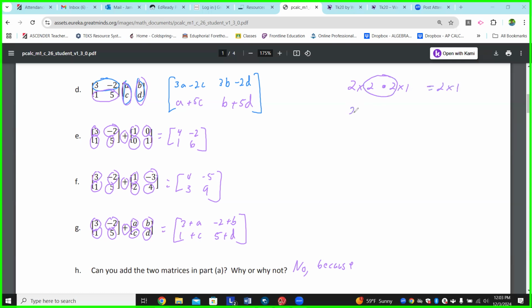But if I'm adding a 2 by 2 to a 2 by 1, I don't have the same corresponding elements to add. So therefore, I cannot. They have to be the exact same matrix size. So no, because the size of the matrix is different, or anything along those lines.